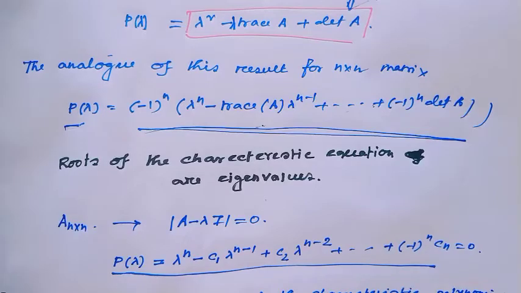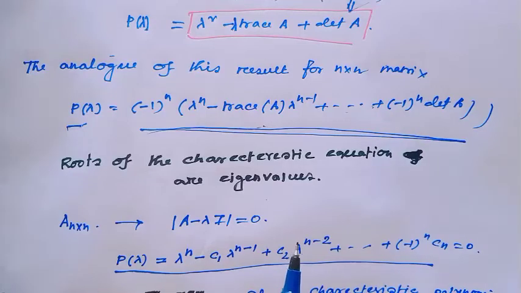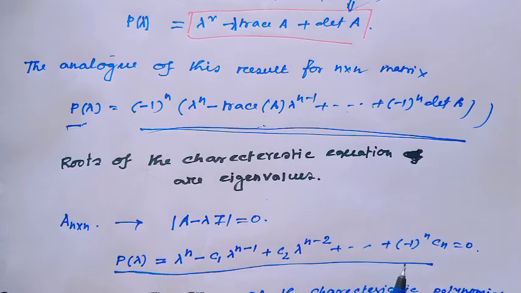That means the characteristic polynomial of an n cross n matrix A means determinant of A minus lambda I equal to 0. And which would be denoted as P lambda, which would be lambda to the power n minus C1 lambda to the power n minus 1 plus C2 lambda to the power n minus 2 up to, this would continue, minus 1 to the power n Cn.